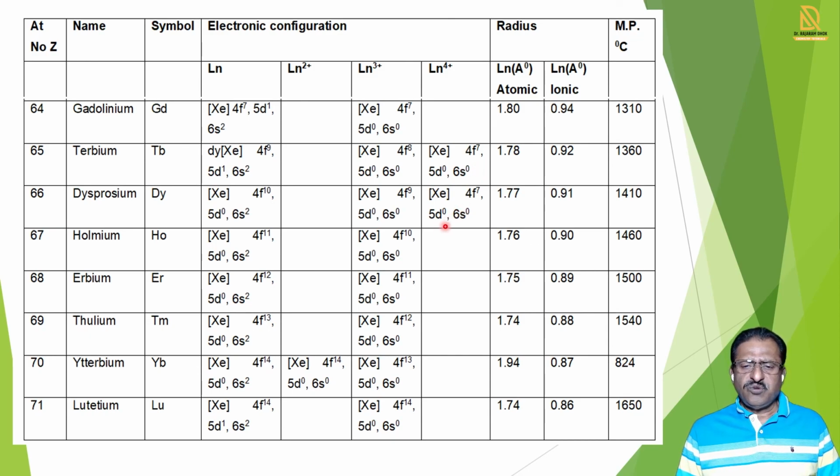Then dysprosium also shows 4f7, 5d0 and 6s0 electronic configuration, so this also shows the +4 oxidation state. So if you are asked why Dy +4 oxidation state is possible, or why Tb +4 is possible, at that time you write this electronic configuration, and from that electronic configuration it shows such stability.